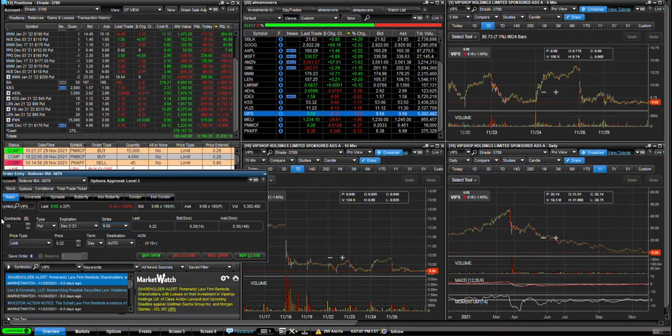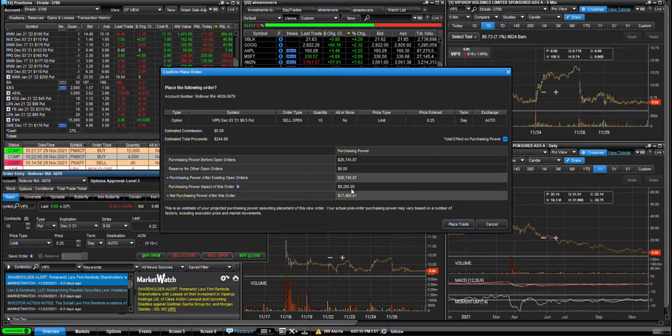With the underlying risk of sell to open, purchasing power impact about $9,000, and total profit possible $244.